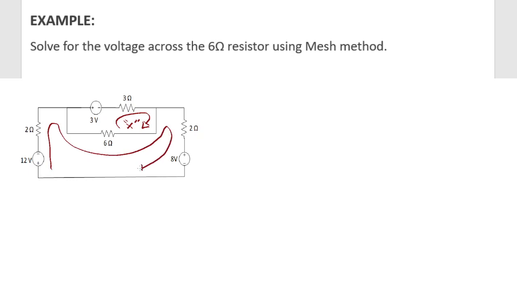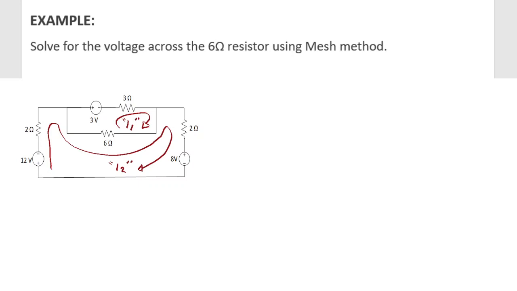This is also a closed loop, and I will call this loop I2. I name them as loop currents. So this is loop I1 and this is loop I2.